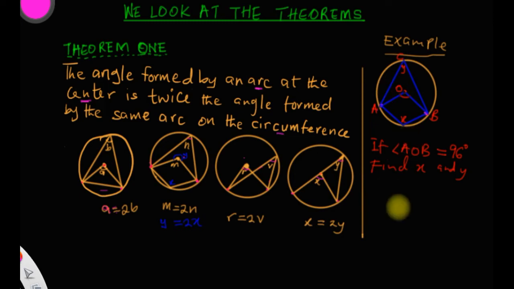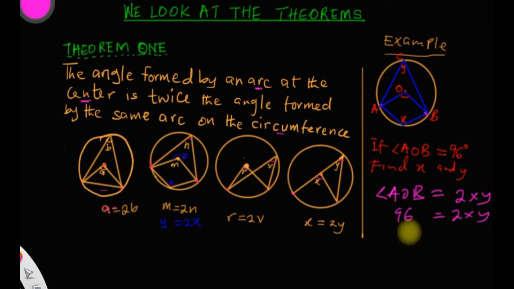So what does it tell you? It tells you that angle AOB is equal to twice the angle on the circumference. It implies that angle AOB, according to the theorem, is equal to twice the angle at the circumference, which is Y. We know AOB is 96, so 96 equals 2 times Y. If you want Y, you divide by 2.